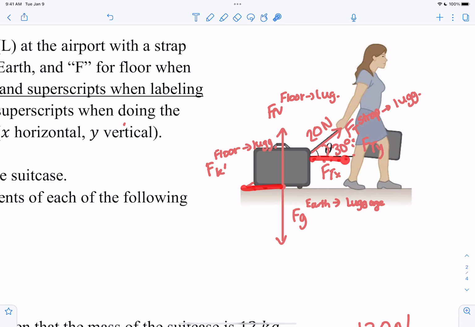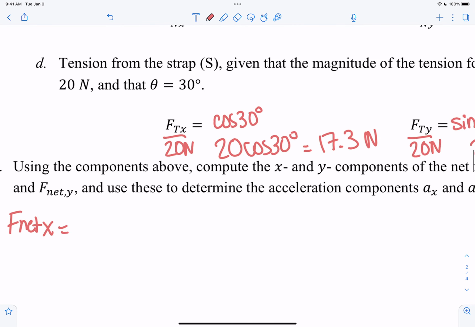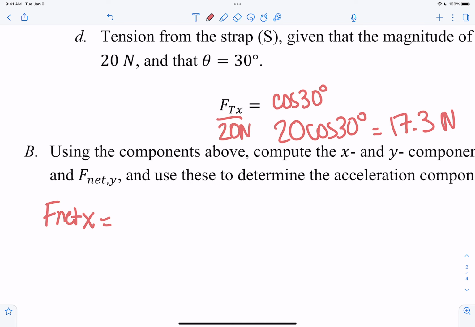If we look at it in our x directions, what forces should we have for our F net x equation? Any suggestions, guys?